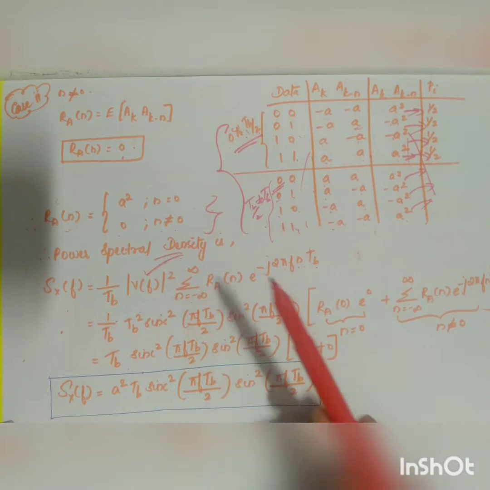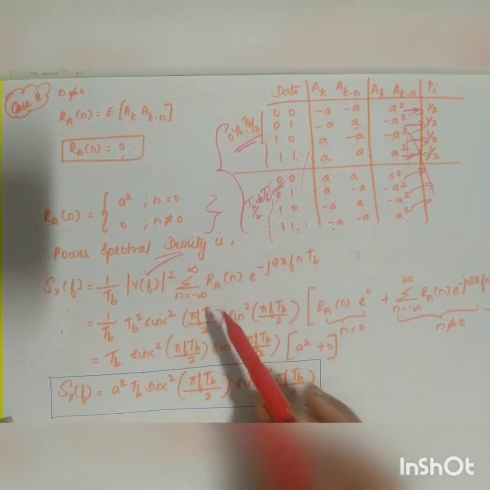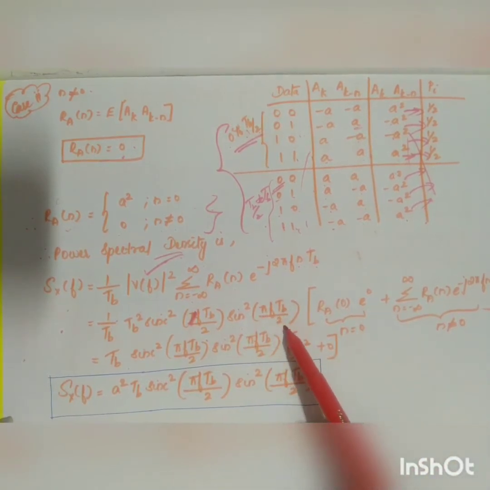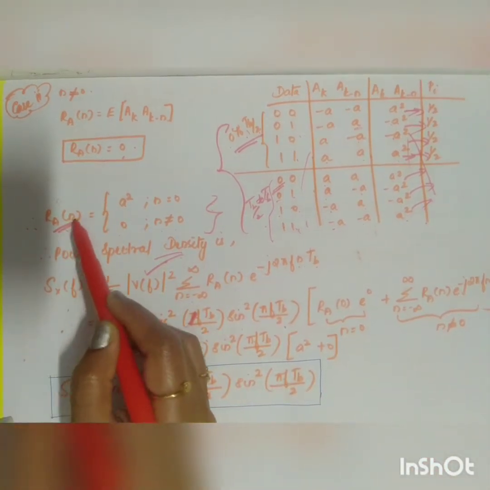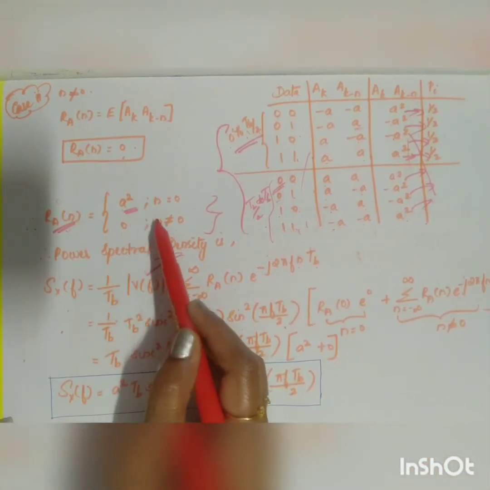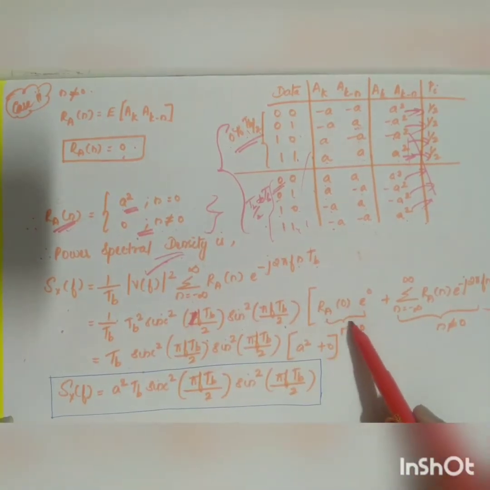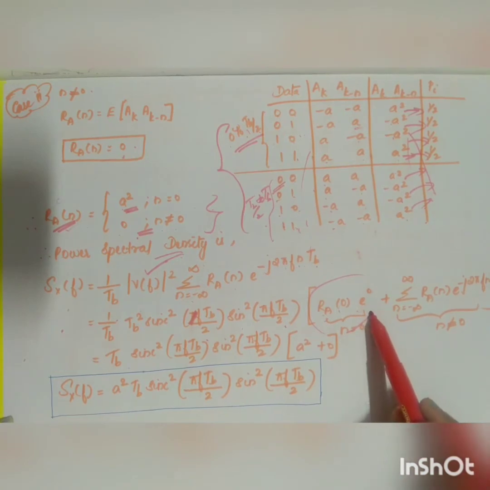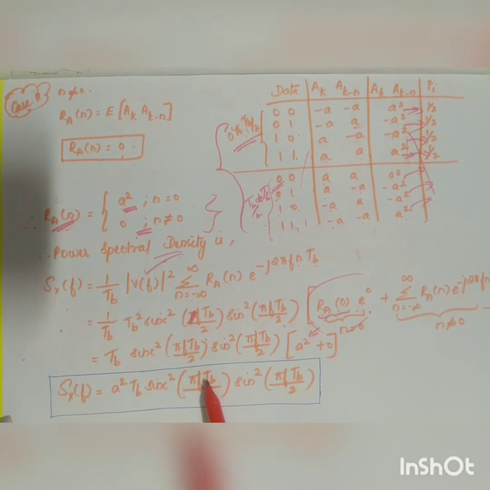Instead of V(f), you are going to substitute Tb square, sinc square of f Tb by 2. Now you have only one value, right? For n equal to 0, you have a square. For the other case, it is 0. So you have only one factor, R_A(0) into e power 0, which is equal to 1. Instead of R_A(0), you are substituting the value a square in the next step.